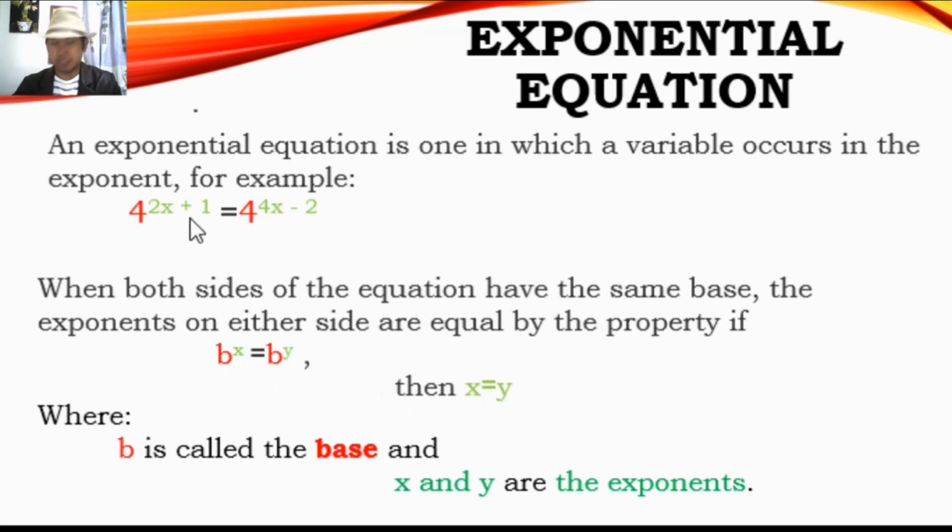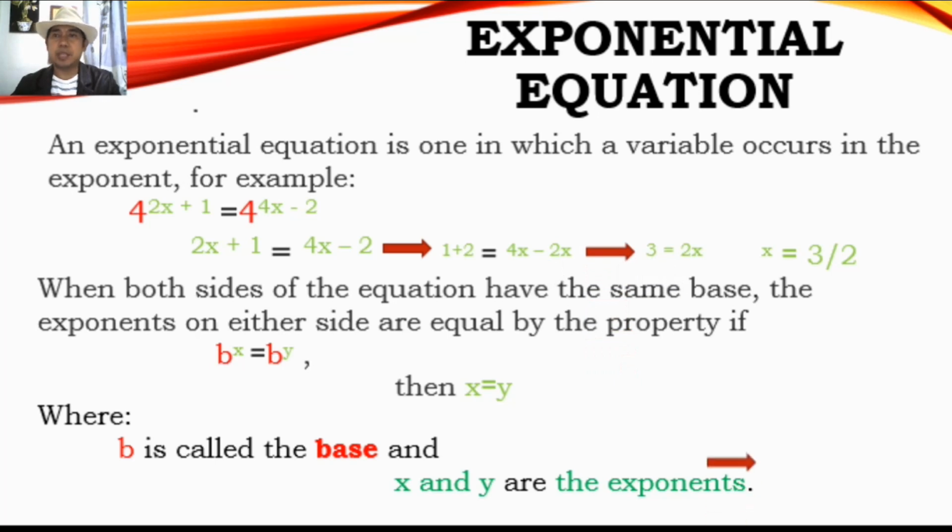That is the same as in here, your 2x plus 1 is equal to 4x minus 2. To continue solving this one, we have 1 plus 2 is equal to 4x minus 2x, and thus it will give you 3, which is equal to 2x. To continue solving for x, your x must be equal to 3 over 2, and that is the solution to the exponential equation. Let's continue.